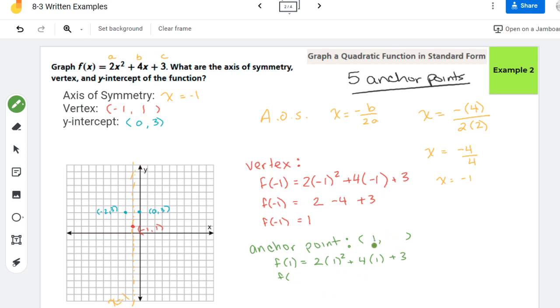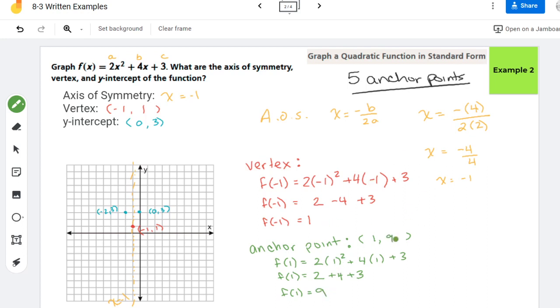So I'm plugging in 1. Here I've done that part. 1 squared is 1, times 2 is 2. 4 times 1 is 4. Don't forget that plus 3 comes down. So when I plug in 1, 2 plus 4 plus 3 gives me 9.